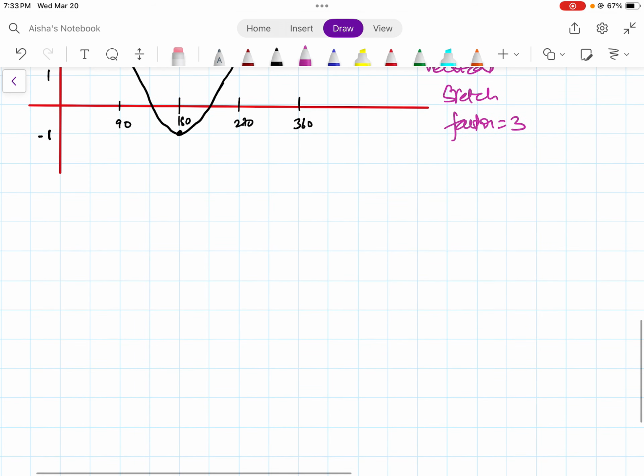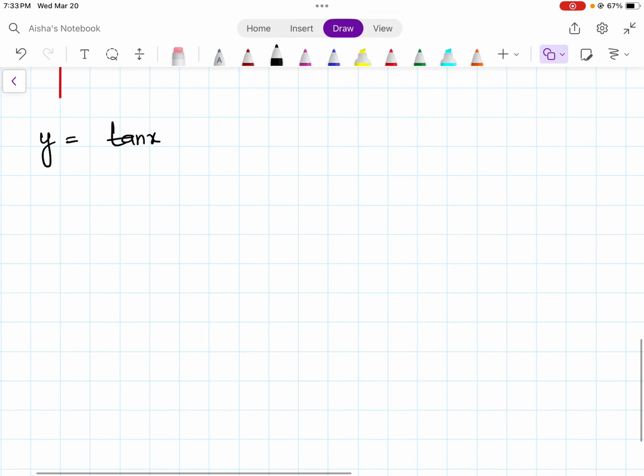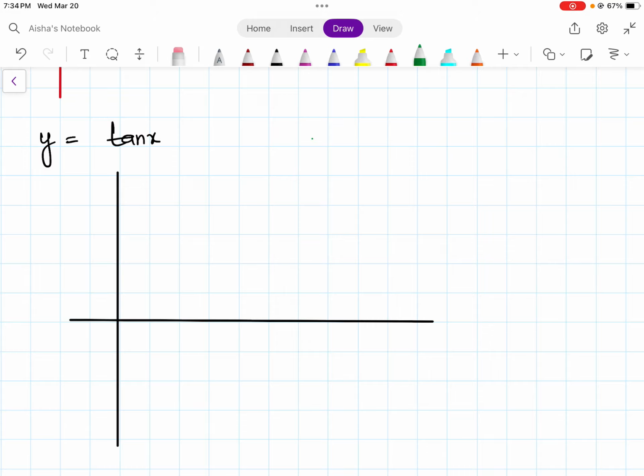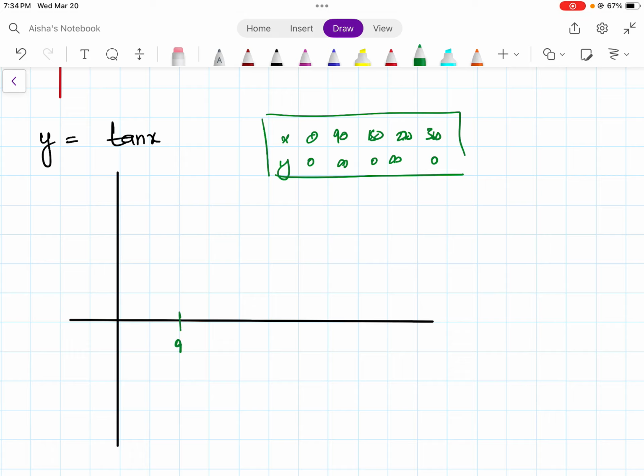Let's talk about the tan graph now. Let's draw the basic tan. Zero, 90, 180, 270, 360. 0, 1, 0, infinity and infinity. This is x, this is y. So you made a table. Alright.